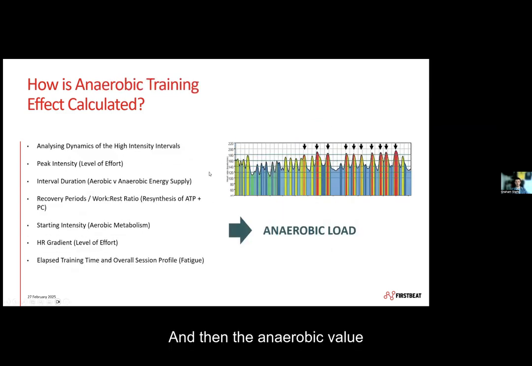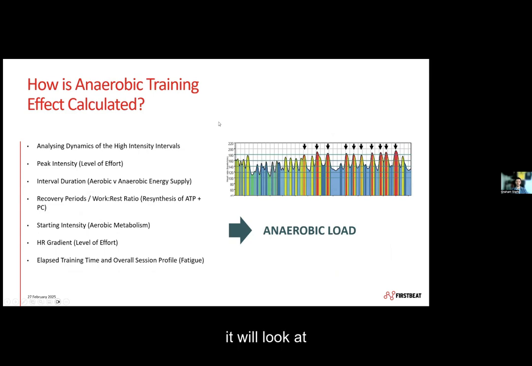And then the anaerobic value takes in a few more factors. It's essentially looking to identify any period of work throughout the measurement that was anaerobic in nature. I've listed the main factors that are taken into account on this slide.